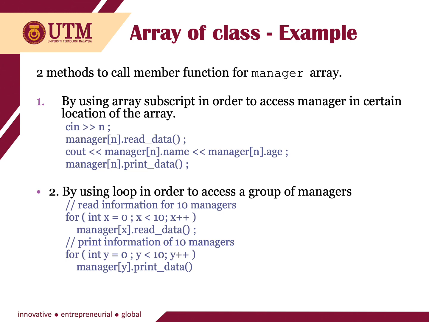The second one, by using a loop in order to access a group of managers, meaning that we are trying to access more than one piece of information from the array, right? So here we can see that x is equal to 0, we assign the value of 0. Just now we already declared the size of the array is 20, right?